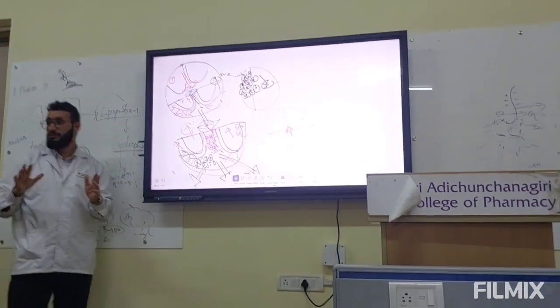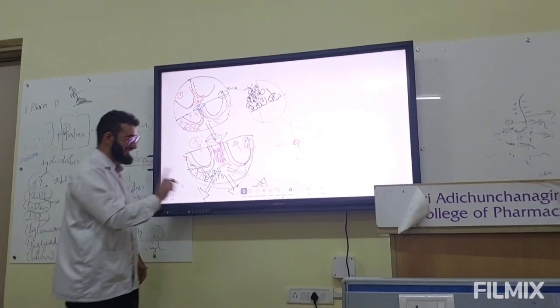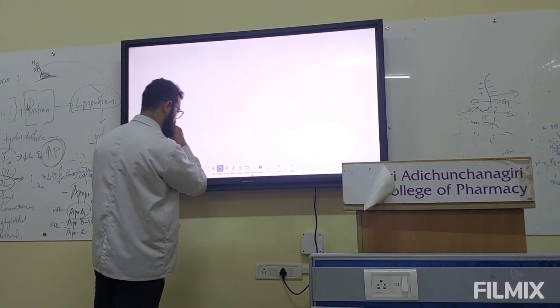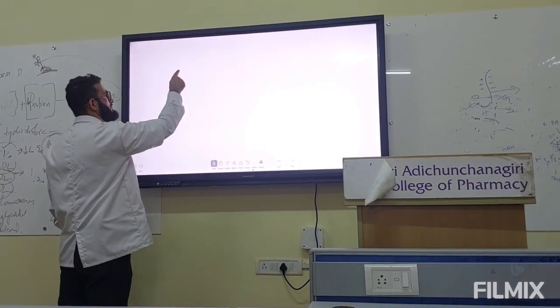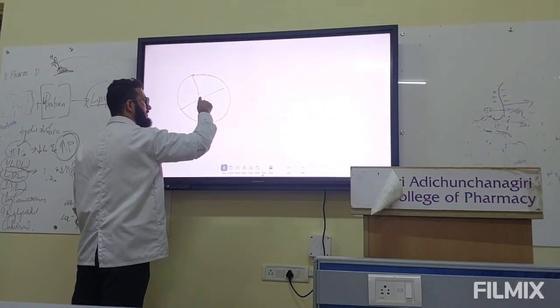These are the electrical events which occur during one cardiac cycle. Now we will do one scientific work. So now this is the heart.